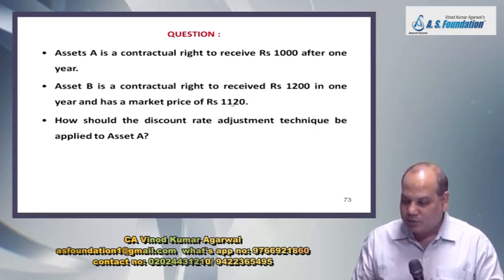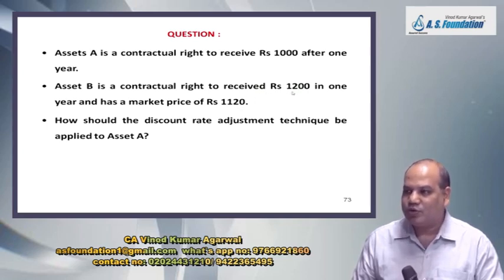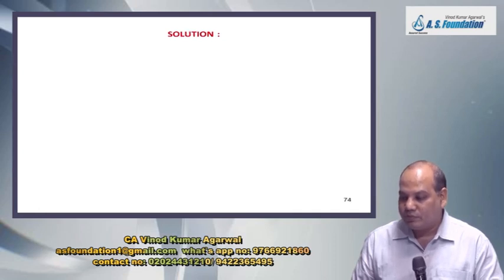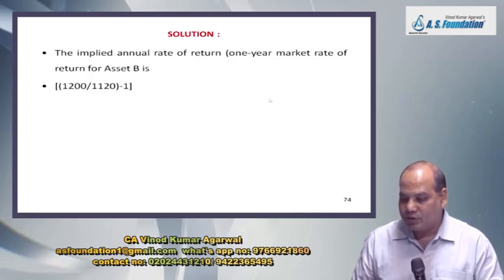First you tell me how much rate of return this asset B is generating. 1120 becomes 1200 after 1 year. 7.14. Sure. Let me ask computer. Yes. So 7.14.